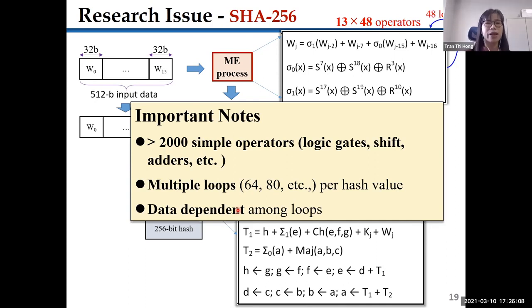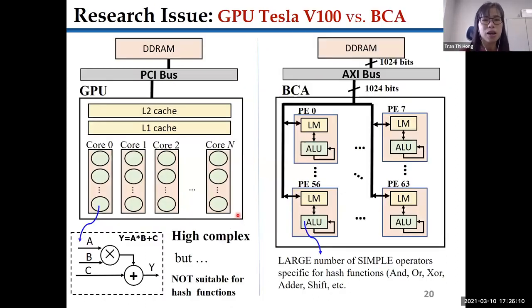Because of these characteristics, current general hardware platforms like the CPU or GPU do not perform well on computing the SHA function yet. For example, let's look at the GPU Tesla V100. It is one of the fastest high performance GPUs nowadays.